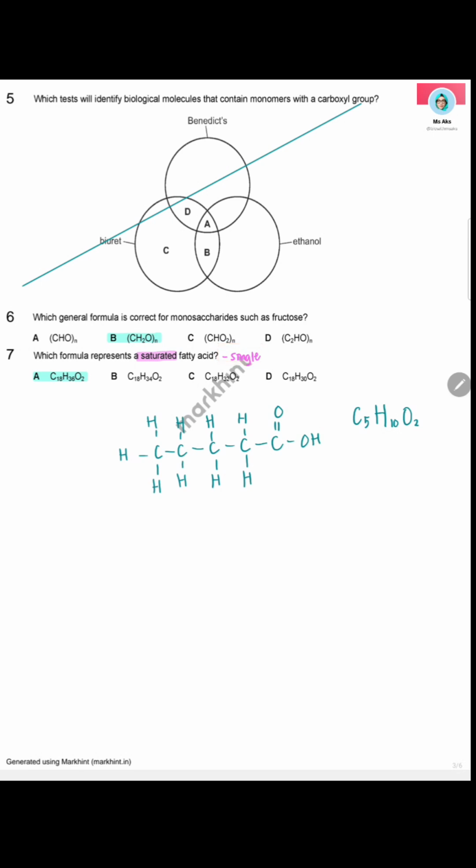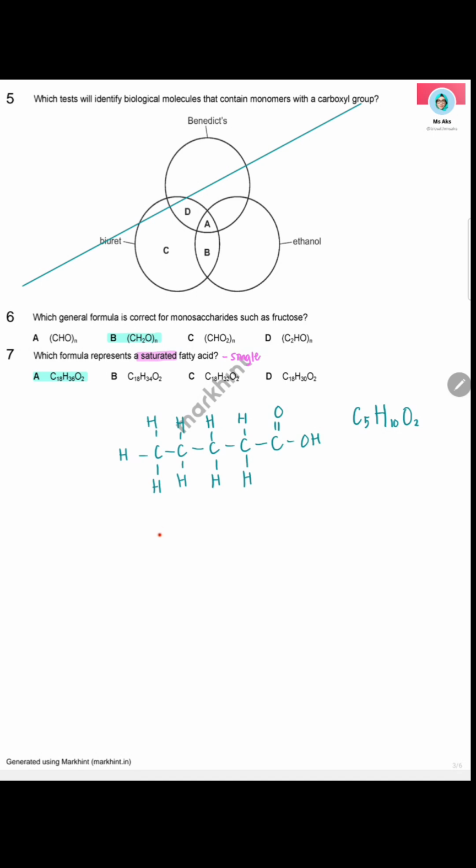If you're not sure how to start, give yourself a scenario, where you give yourself an example of a molecule of a saturated fatty acid with your chosen number of carbons. For the sake of this example, to arrive at my answer, I picked a molecule with 5 carbons.